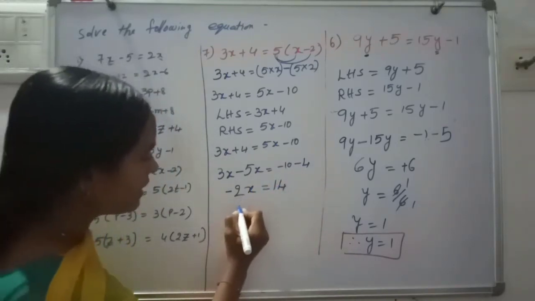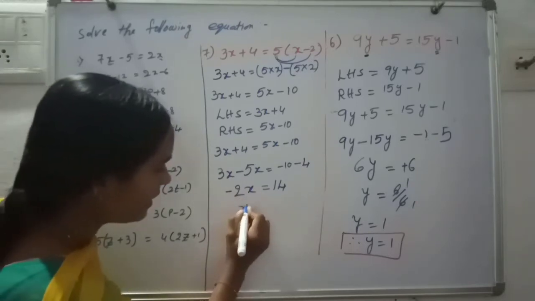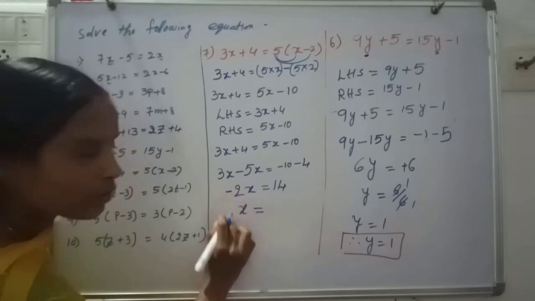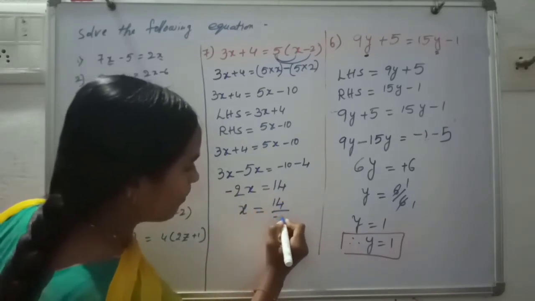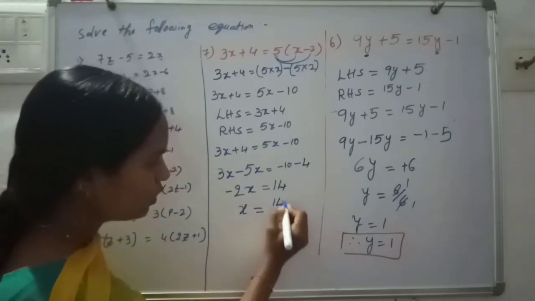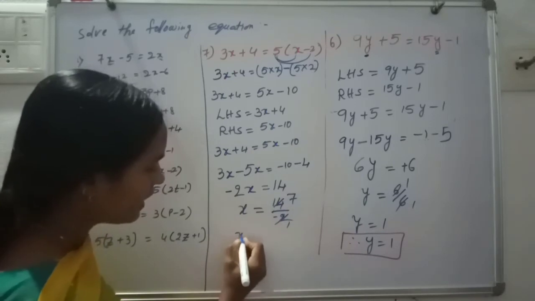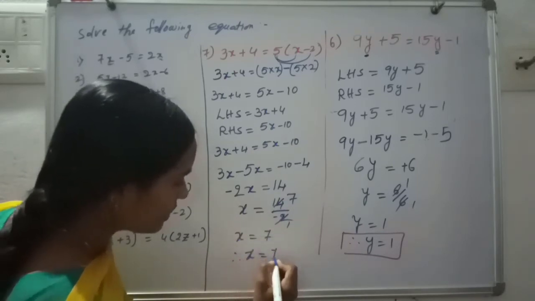Next, minus 2 multiplied with x, that's why x is equal to 14 divided by minus 2. Okay, 2 ones are 2, 2 sevens are 14. x is equal to 7. Therefore x is equal to 7.